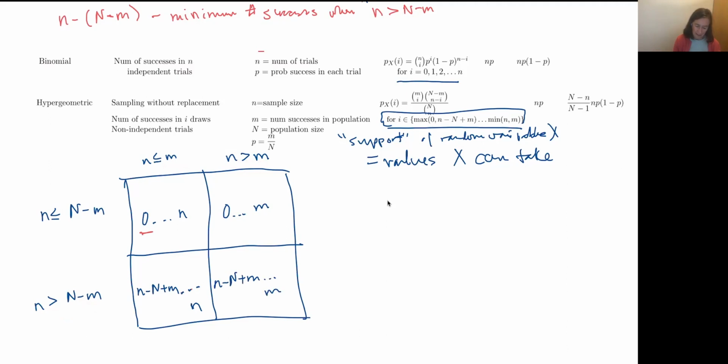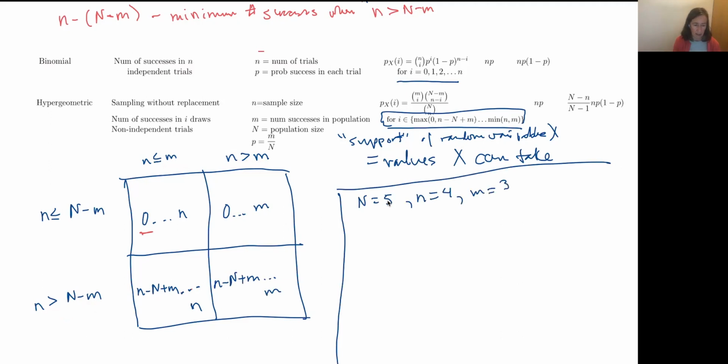All right, and just thinking about that, in the example that we were working with for variance, remember we had a population of 5, we drew a sample of 4, we had 3 successes in the population, and so that meant we had N minus m equals 2 failures in the population.